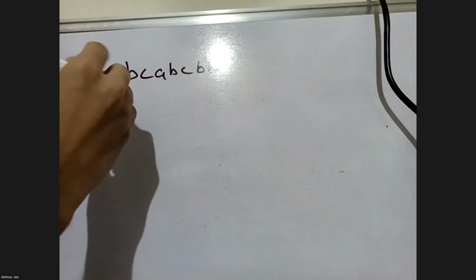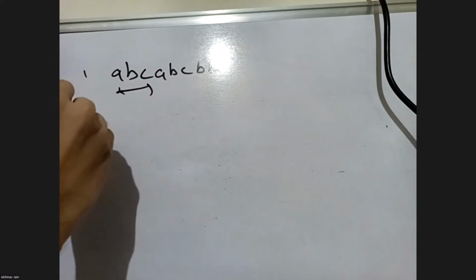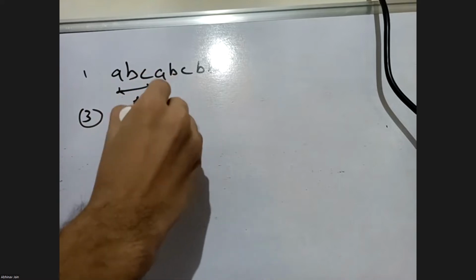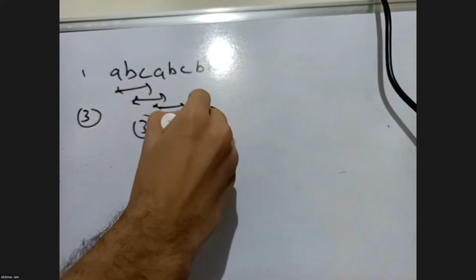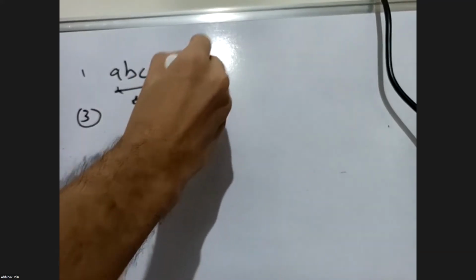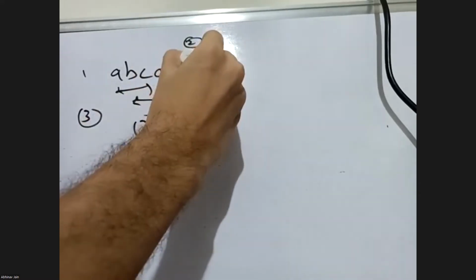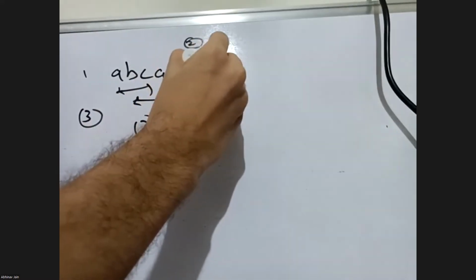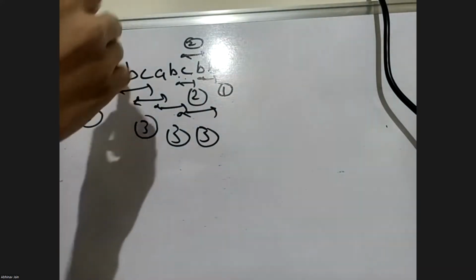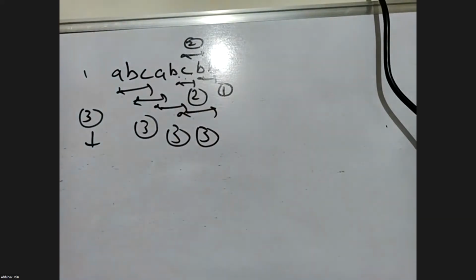So obviously we can see from our observations, ABC has 3, BCA 3, CAB 3, again ABC 3, then BC only 2 because B is getting repeated, CB again 2, and B is getting repeated after B, so the length of the string will be 1. So if you see here, the answer should be 3 because that's the maximum of all the integers.